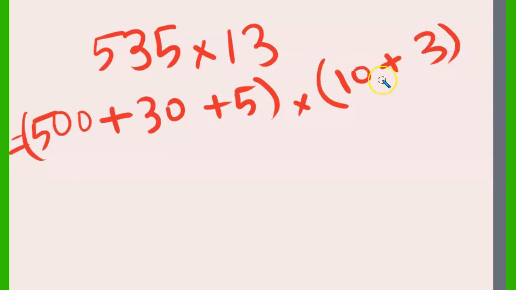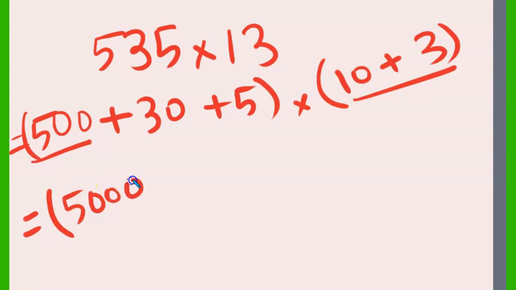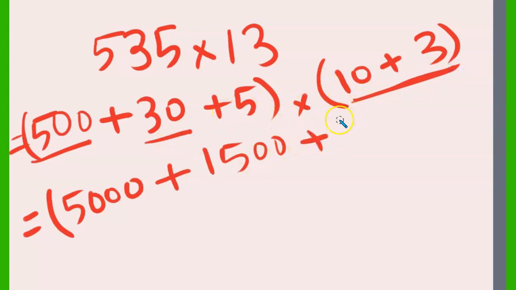So what we can do is we can use the distribution rule, one digit distributed inside. And so let's say we have 500 and we take it inside 10 plus 3. So we end up with 5,000 plus 1,500. And then we use 30 and distribute it inside. So we get 300 plus 90.